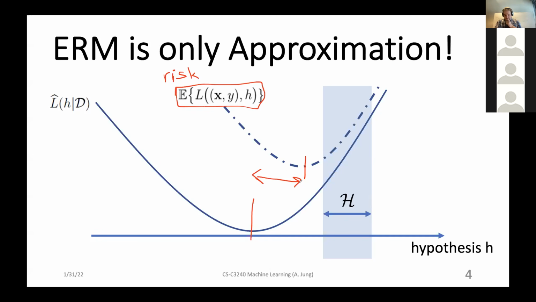And in a certain sense, in regularization, what we want to do is find a better approximation of the risk. So we want to find a better loss function or objective function that is based on the training set, because only the training set we know, but whose minimum is somewhat closer to the minimum of the risk.